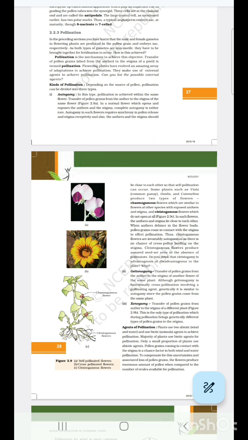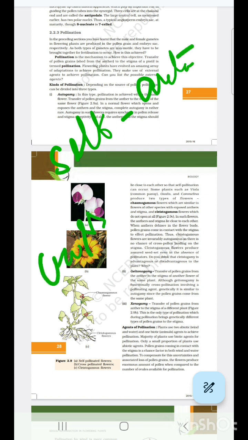And xenogamy is transfer of pollen grains from the anther to the stigma of a flower borne on a different plant. So basically pollination is of two types: self pollination, known as autogamy, and cross pollination, known as either geitonogamy or xenogamy.